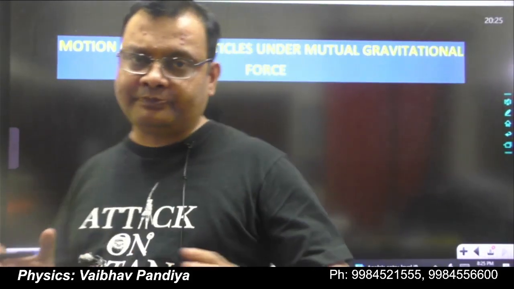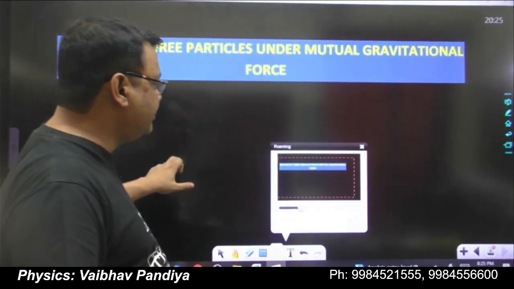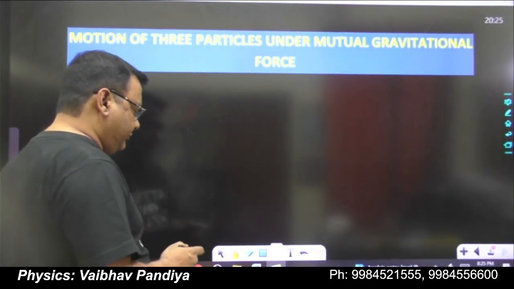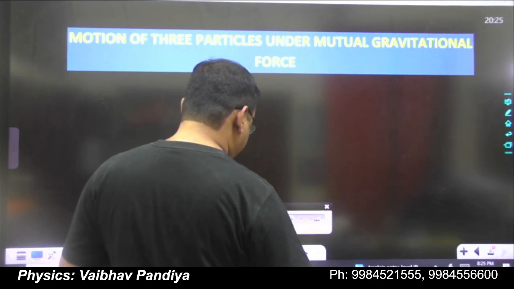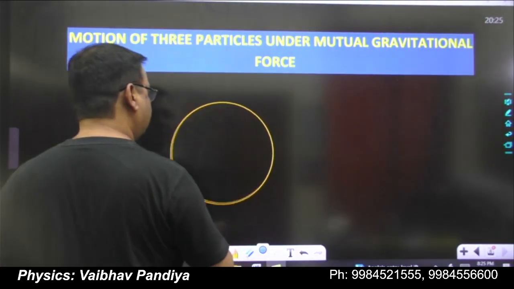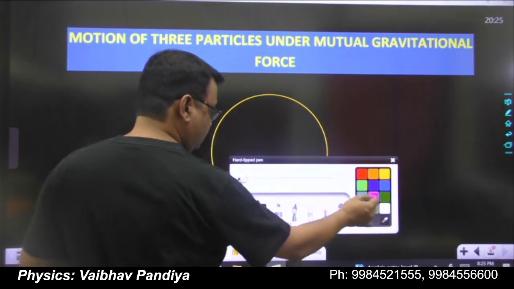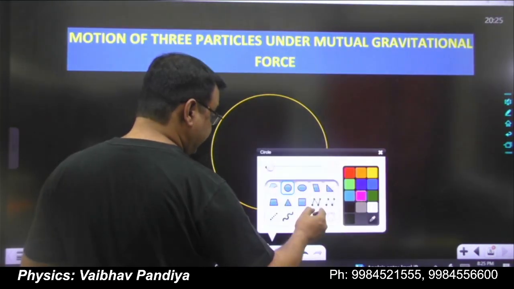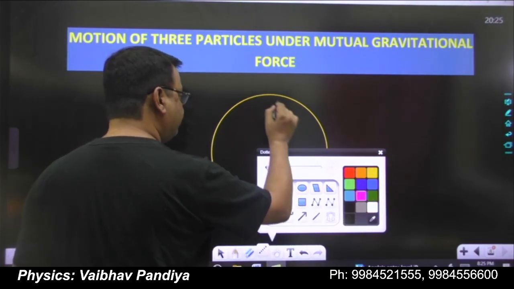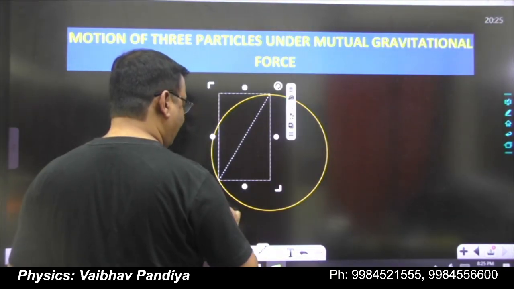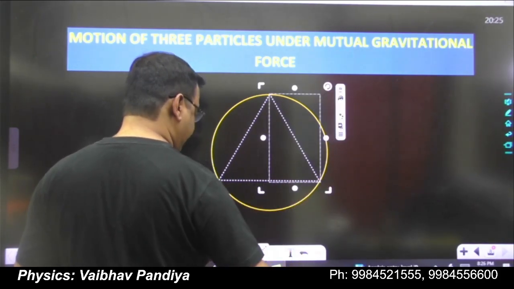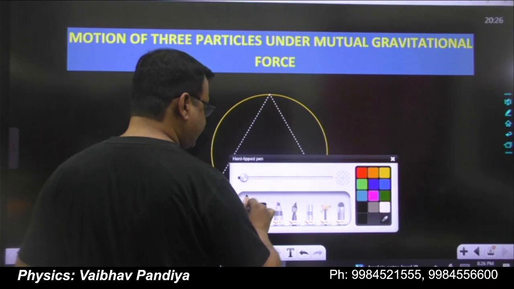What I recommend is that you pause the video here, work out this problem, take 5 or 10 minutes, then come back and see whether your approach is correct or not. So suppose we have three particles, correct? And they are moving in a circular path, three identical particles. By the fundamental we studied today, the three particles will always be located at the vertices of an inscribed equilateral triangle, correct?